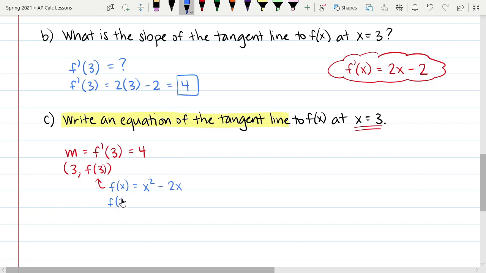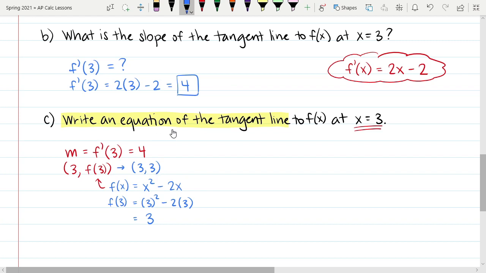So f of 3 is going to be 3 squared minus 2 times 3. That's going to be 9 minus 6, or just 3. So our point is really 3, comma 3.